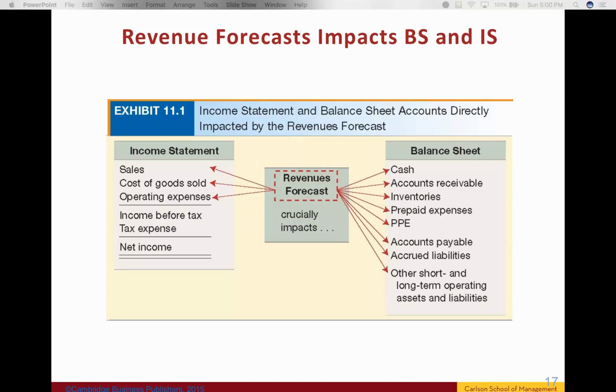Other things then, if we're looking at our expense side, if we have our operating expenses and our cost of goods sold expenses, those are going to be increasing typically in line with our revenue growth. So we need to make sure that our liabilities for accounts payable and accrued liabilities, so things like any of our wages payable or income taxes payable and our short-term and long-term liabilities, are forecasted properly as well to support that growth going forward.